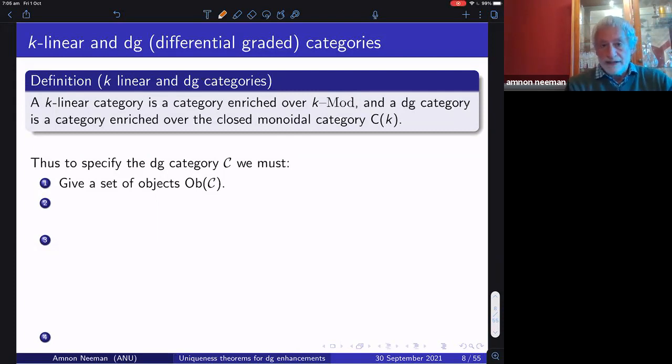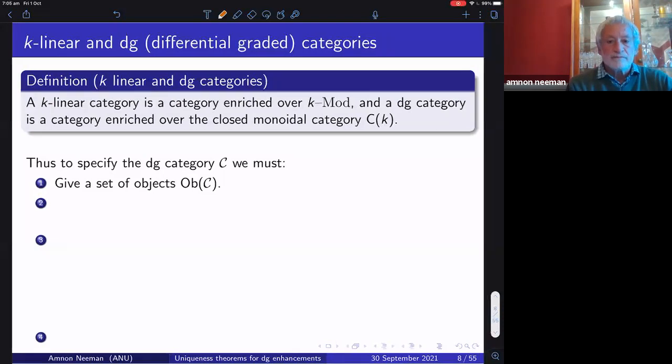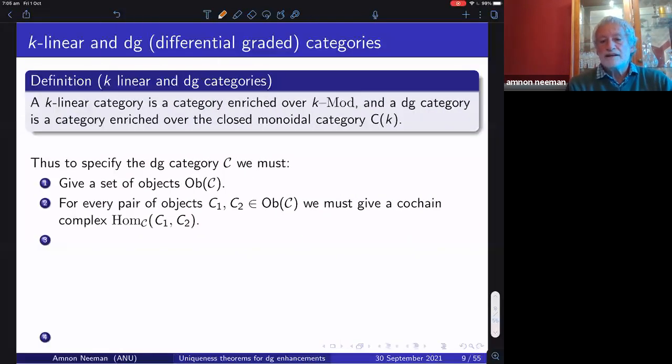And so you have a set of objects, and then you have to have the morphisms. So given any two objects, you give a cochain complex of morphisms. Hom C1, C2 is a cochain complex, not a set.